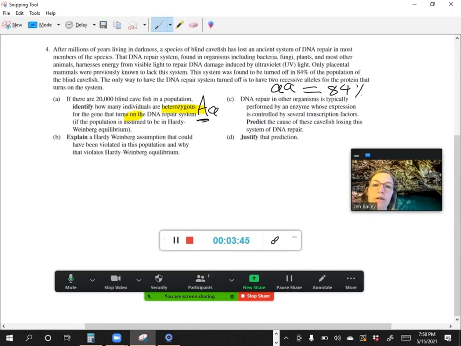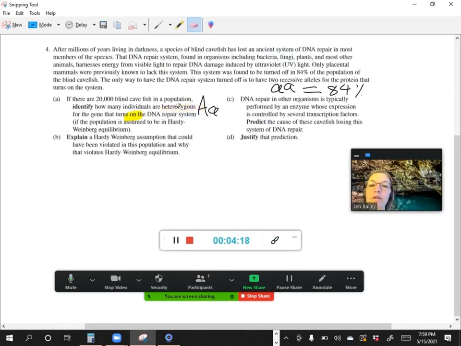And this dominant allele is going to be what turns the system on, okay? So both heterozygous and homozygous dominant are found in 16% of the population, right? Because 84 plus 16 equals 100, okay? And so we don't really know yet how many individuals or even percentage the heterozygous or the dominant homozygous is, okay? So how in the world do we find this out?